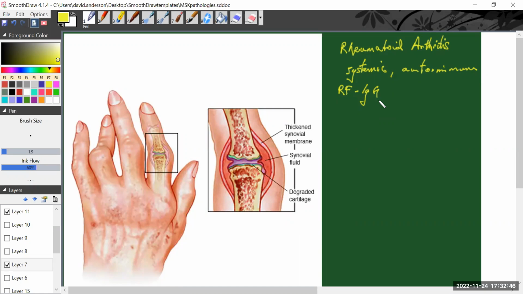And so the IgG-RF complex creates an aggressive inflammatory response.